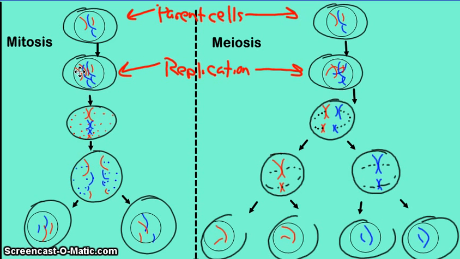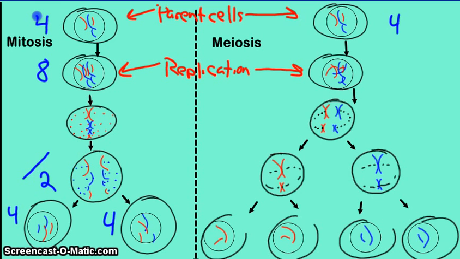So if we started with 4 chromosomes, after doubling we have 8. In order to get back to 4 chromosomes in each, we need to divide by 2. Okay? And that will give us 4 chromosomes here and 4 chromosomes here. In meiosis, the same thing occurred.